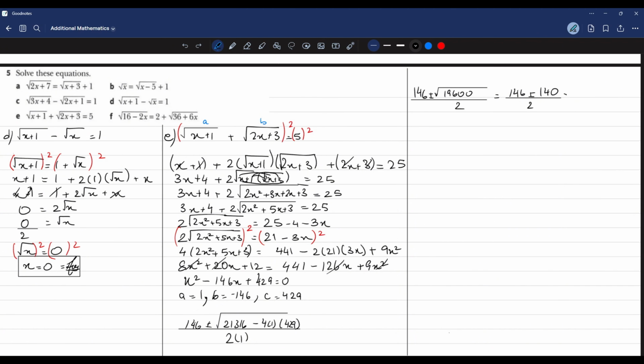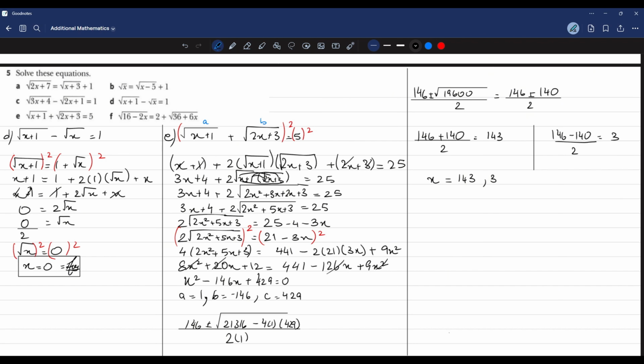So we're going to get two possible values for x: 146 plus 140 divided by 2, or 146 minus 140 divided by 2. For the first one, 140 plus 146 is equal to 286, and 286 divided by 2 is 143. And 146 minus 140 is obviously equal to 6, and 6 divided by 2 is equal to 3. So we got two values: x equals 143 and x equals 3.